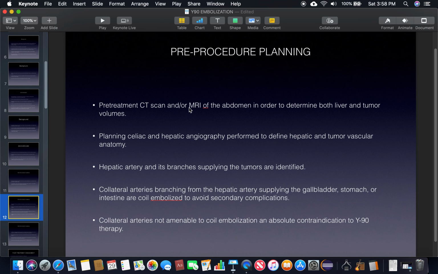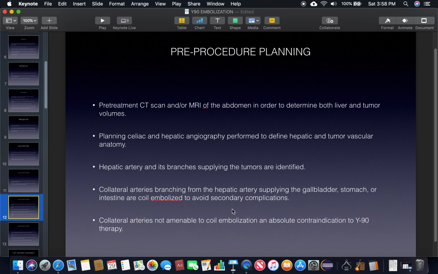So we do a CAT scan, MRI of the abdomen. We plan celiac and hepatic angiography to see the anatomy, and the hepatic artery and its branches that are supplying the tumor are identified. And if there are any collaterals branching from the hepatic artery supplying the gallbladder, stomach, or intestine, these are embolized to avoid any secondary complications.